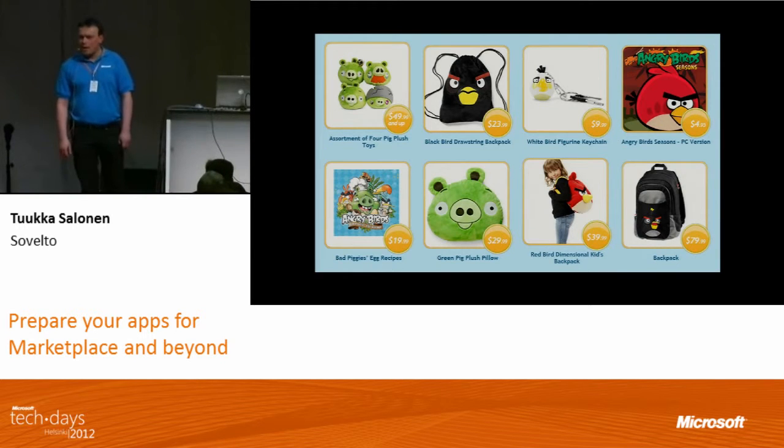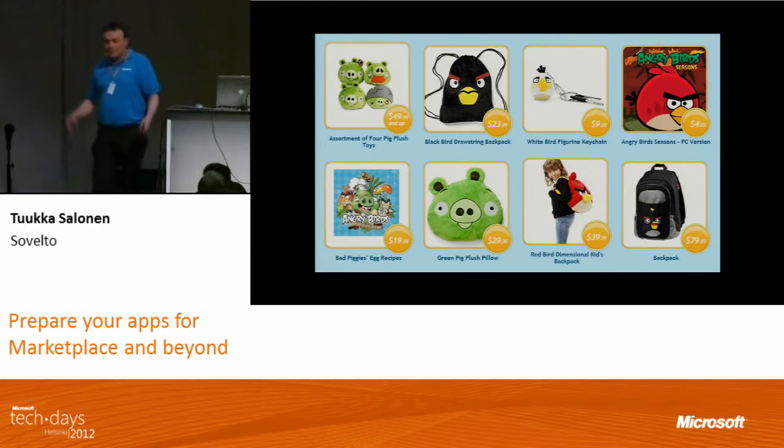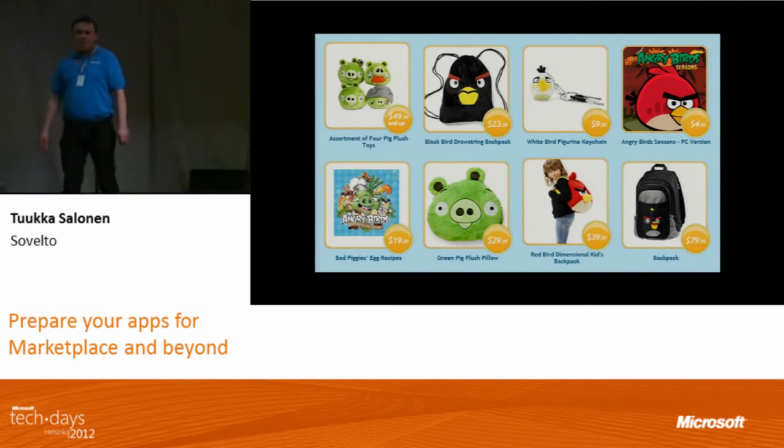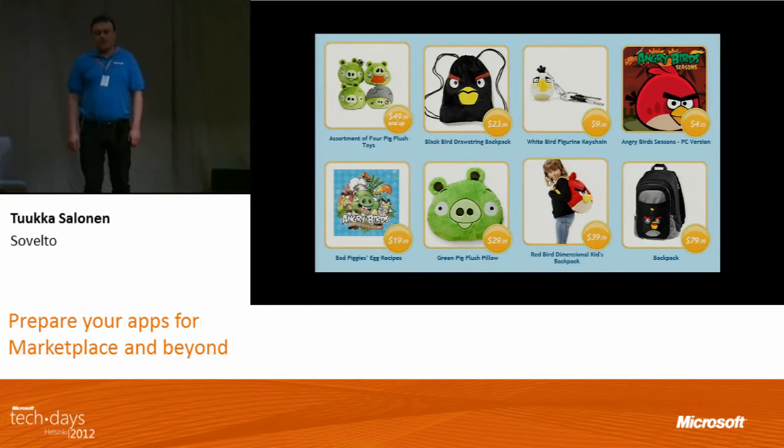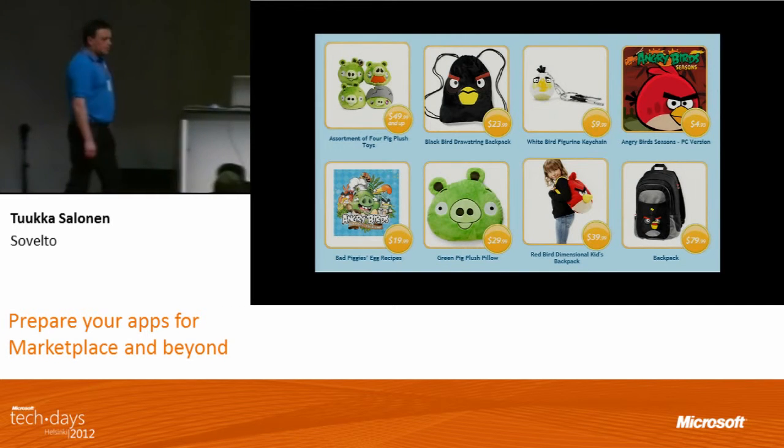So it's quite a lot. And the competition is really fierce. Making a good application isn't necessarily enough. You are just one of really many. So it's good to think about these other options.